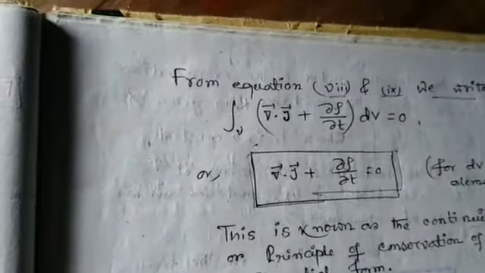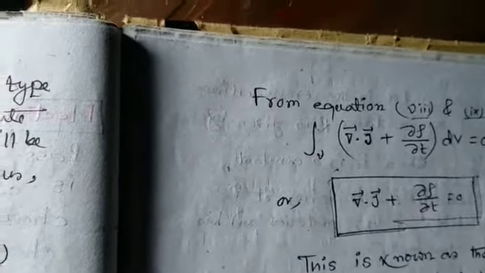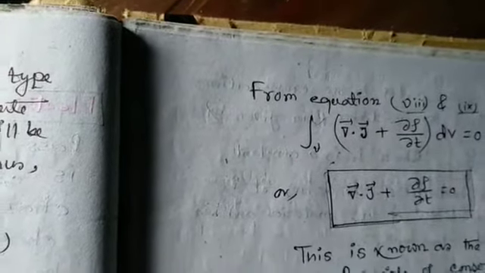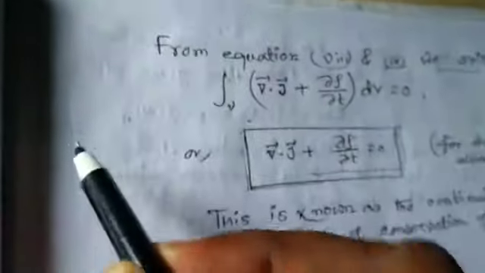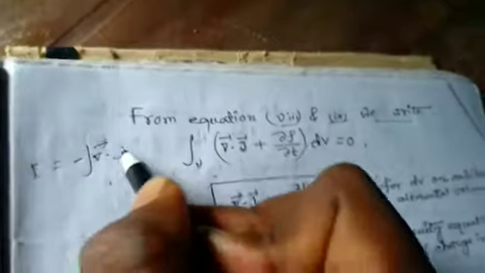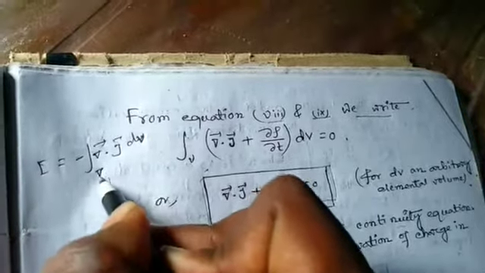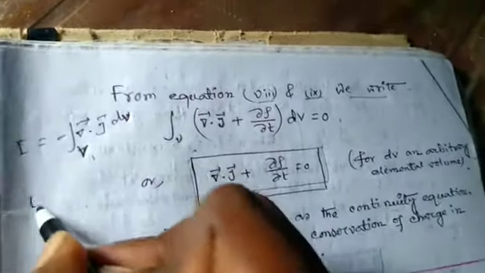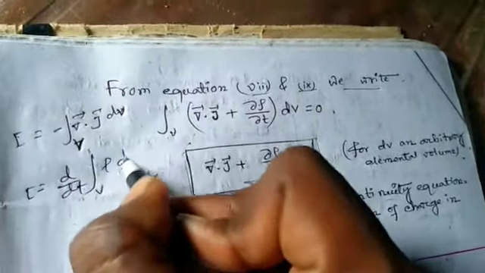We will see this calculation. Simply we put I equals minus volume integral of divergence J dV over the volume V, and I equals d by dt of volume integral of rho dV.